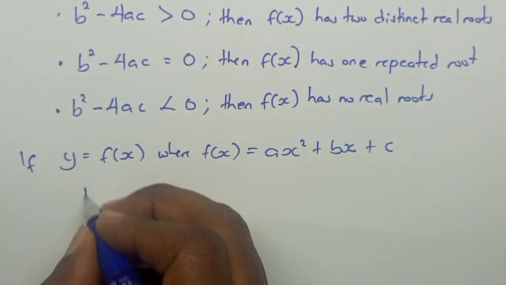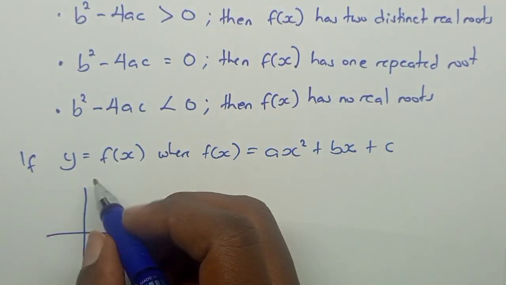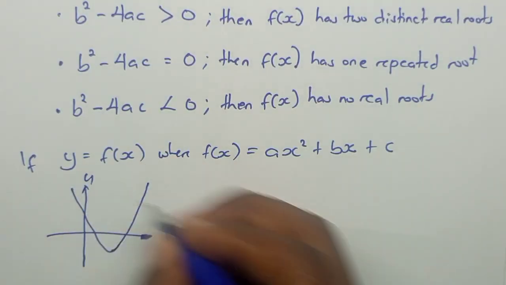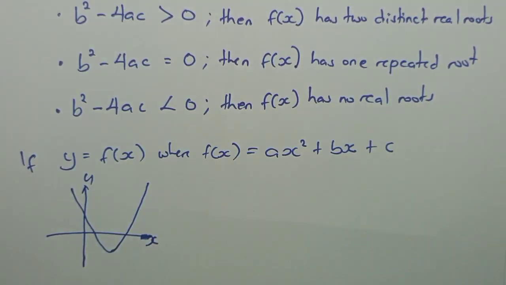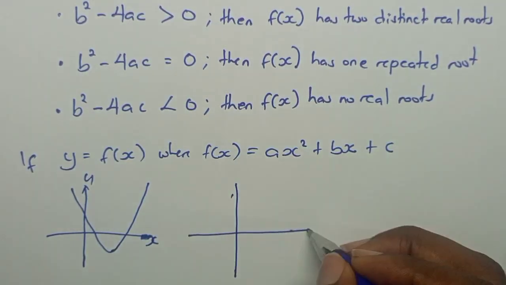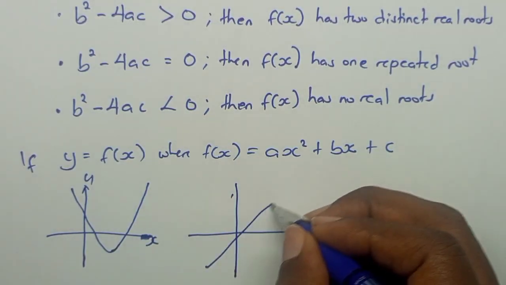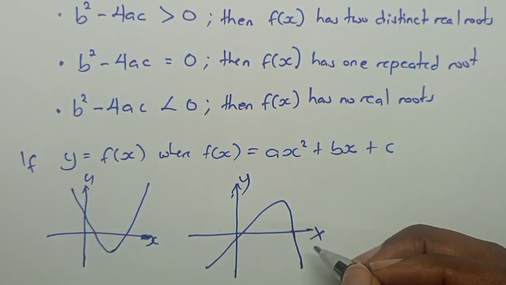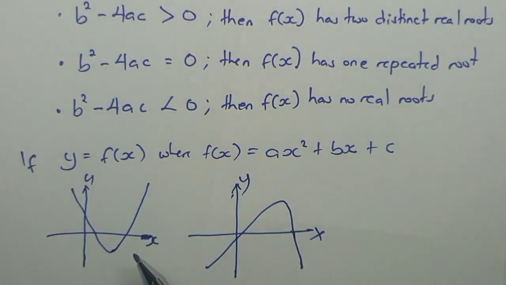So the graph will look something like this, where this is y and this is x. It could also look something like this. So it has two distinct real roots. It will have this root and this root.